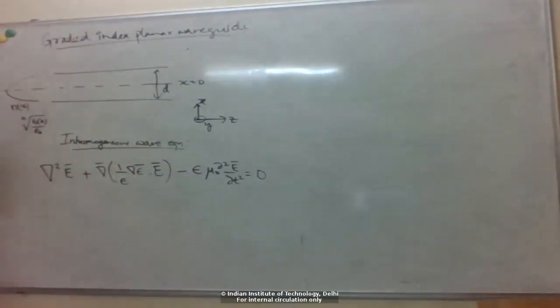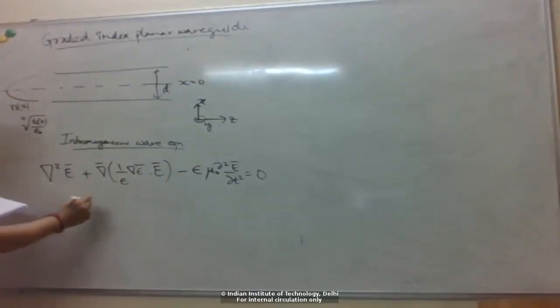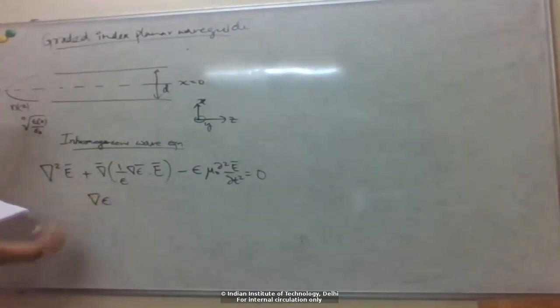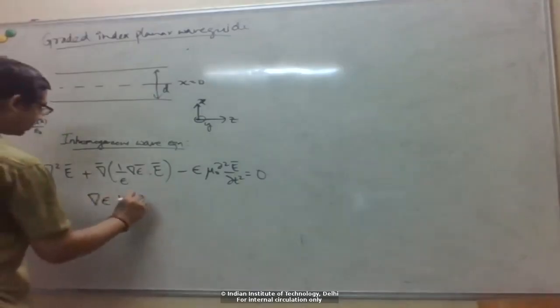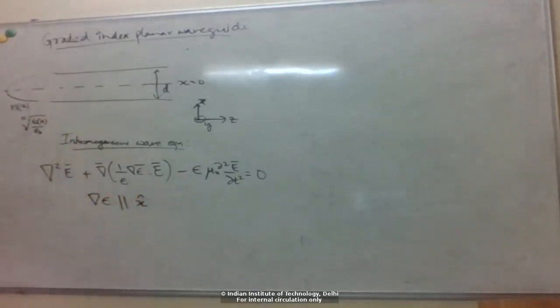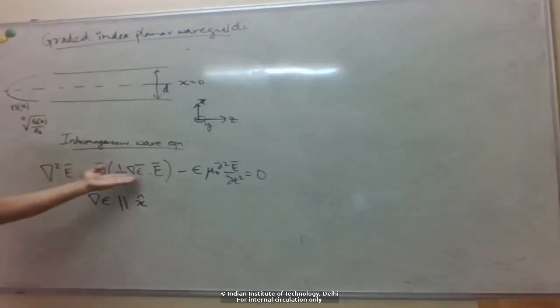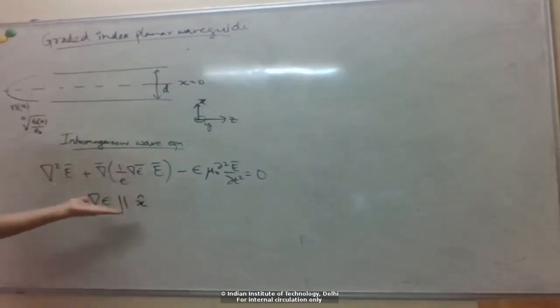But actually, if you look at this special case here, epsilon is only a function of x. So when we take the gradient of epsilon, that will be in the x direction, because the gradient takes the derivative with respect to the position coordinate in that direction.